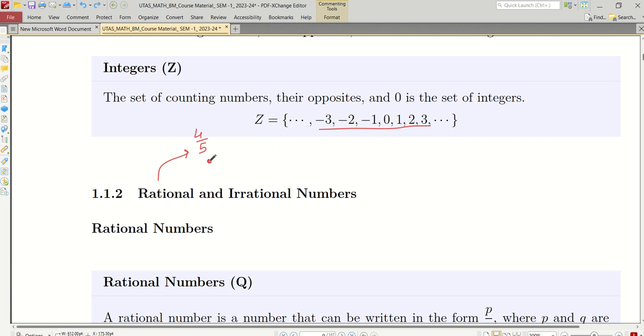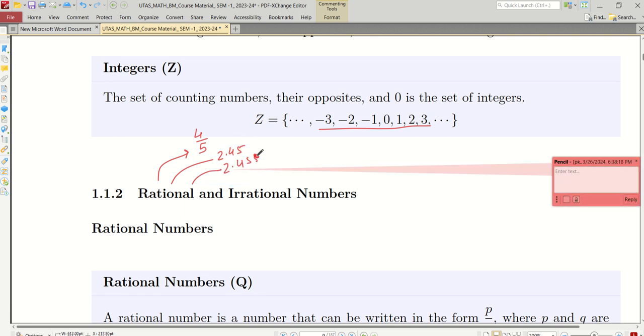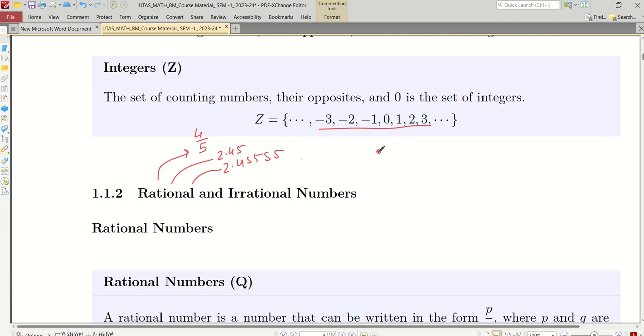There is no further number. And what is the third one? 2.4555. You can see 5 is repeating here. All are 5.